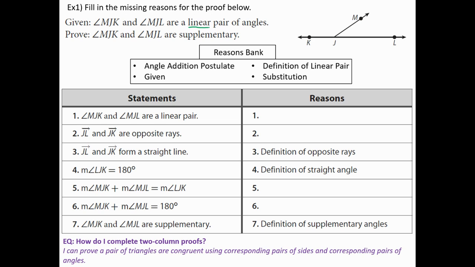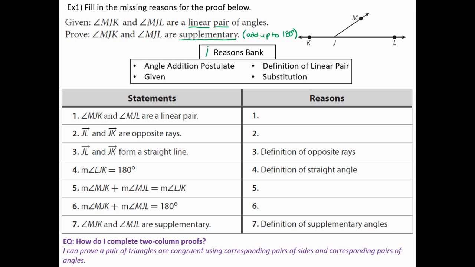So right up there we have a linear pair of angles. And then we are supposed to prove that the 2 angles are also then supplementary. It's something that we have taken for granted, but here we're going to prove that it actually works. And just a reminder that supplementary means that they add up to 180 degrees. That's what we're going for.